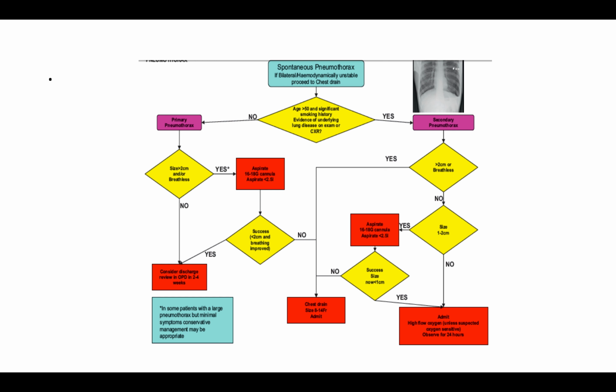If the aspiration is successful, meaning that the size is now less than 2 centimeters and the patient's symptoms are better, then the patient may be considered for discharge or may be admitted for a brief period of observation, and they should be reviewed after 2 to 4 weeks with a repeat chest x-ray to ensure full resolution. If the initial aspiration is unsuccessful, then a chest drain needs to be inserted.